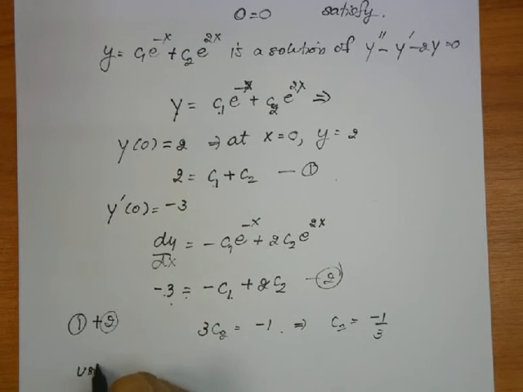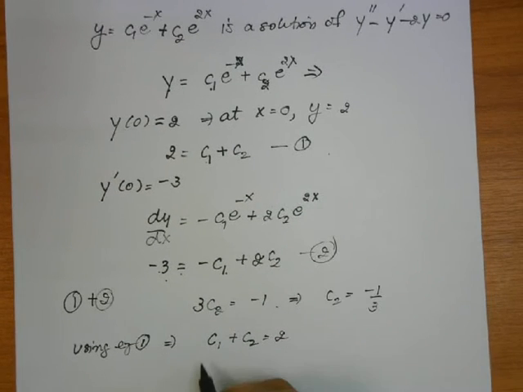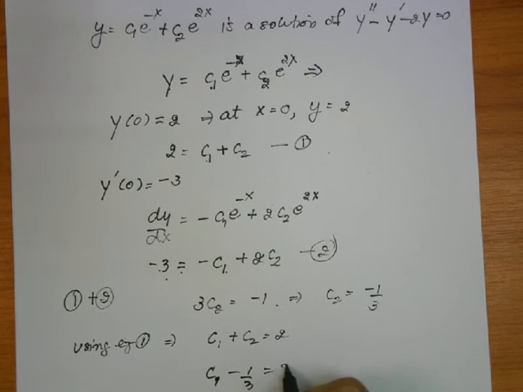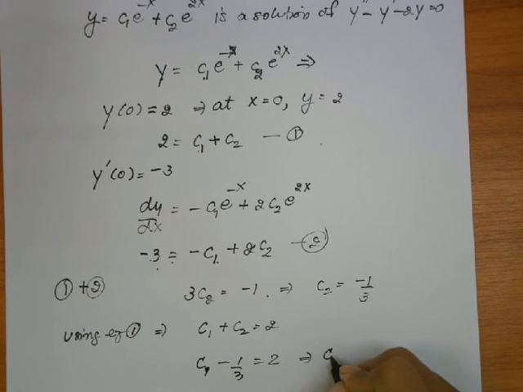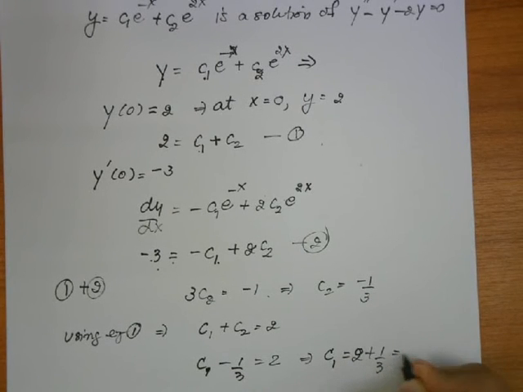Using equation 1, okay? You know that c1 plus c2 is equal to 2, and you know the value of c2 is equal to minus 1 over 3. So from this, you can get the value of c1, which is equal to 2 plus 1 over 3, which is 7 over 3.